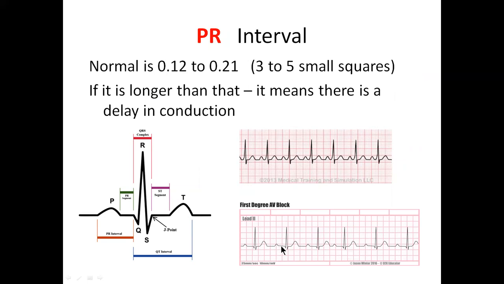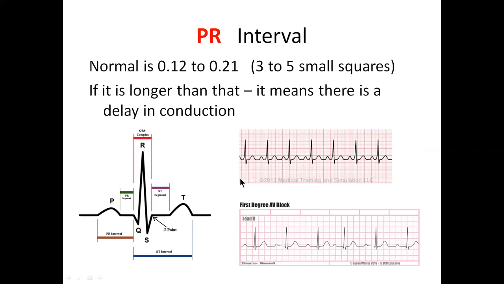So from here to here is a lot longer than 5 squares. So therefore, we say the PR interval is long, and that is first degree AV block. So you learned a new word, which is first degree AV block, and that is if the PR interval is more than 5 small squares.